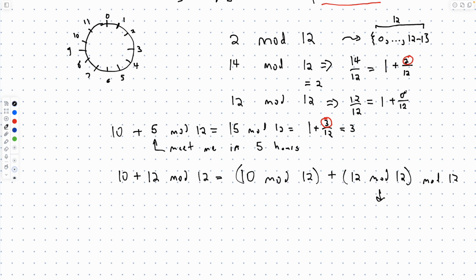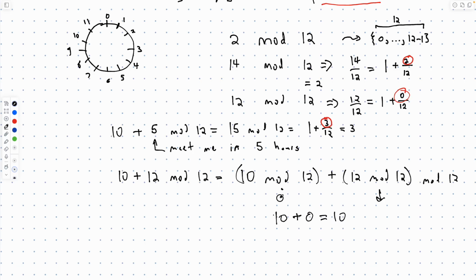We have it here. It's 0. Okay. And what's 10 mod 12? It's 10, right? Because it's less than 12, or it's less than 11 anyways. So it's 10 plus 0, so it's going to equal 10.